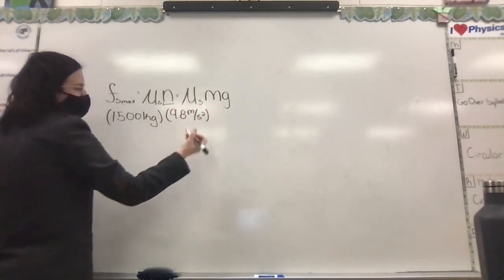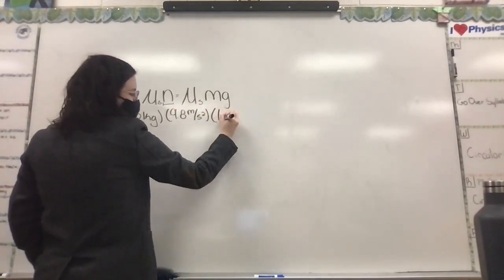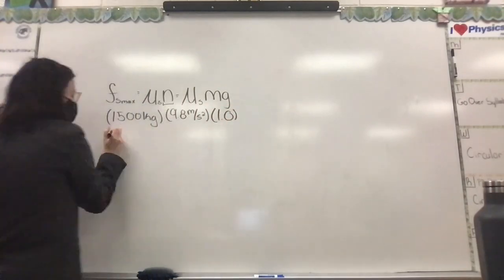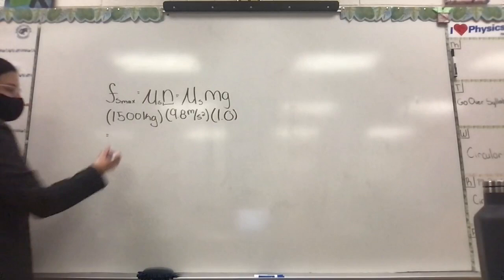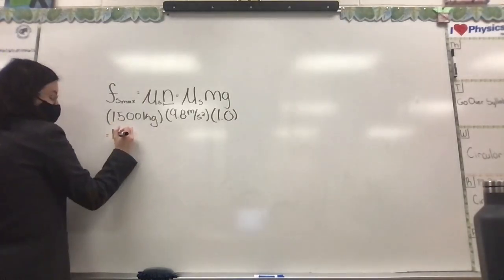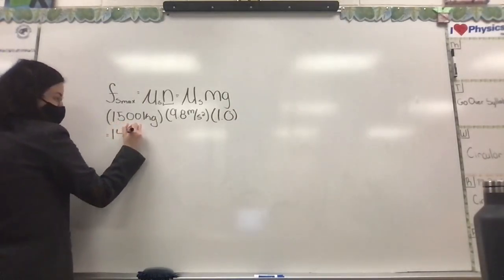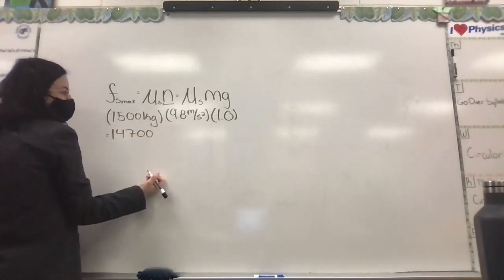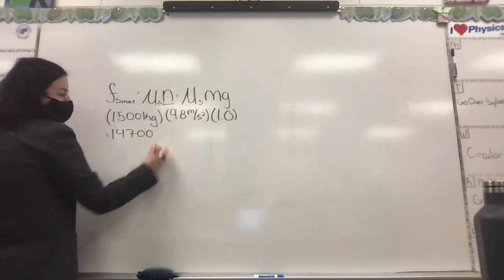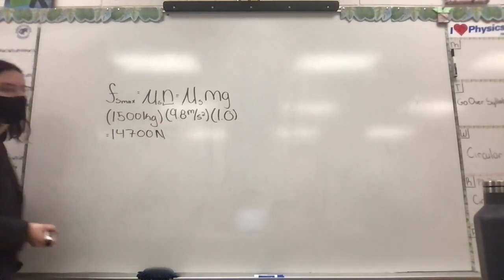Okay, and what was our coefficient of static friction? 1. Okay, so what is our maximum static friction? 14,700. Okay, it's 14,700, is that what you said? Yeah. What are the units? Newtons. Okay, where do I go from here?